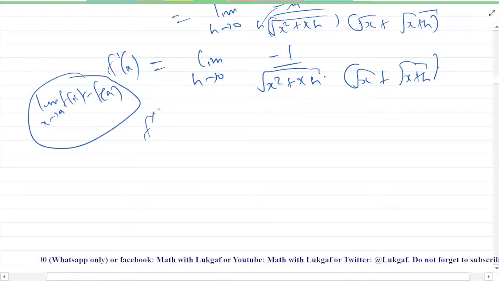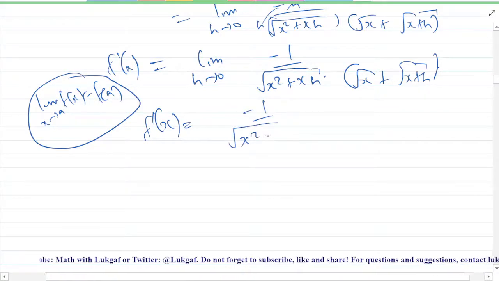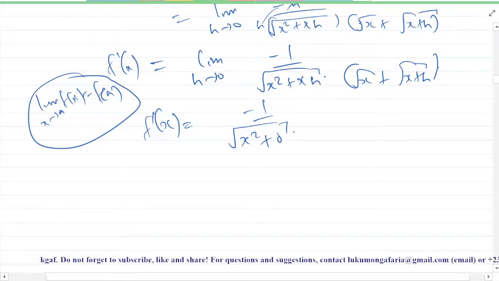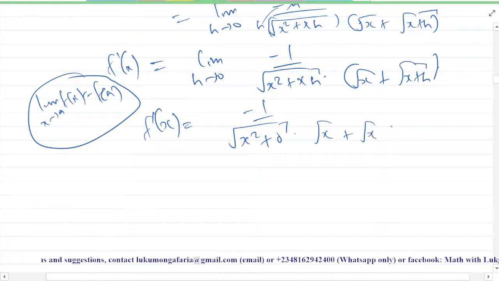So then from there you can say that f prime of x is equal to, wherever you see h now you put 0: minus 1 divided by square root of x squared, multiplied by square root of x plus square root of x.